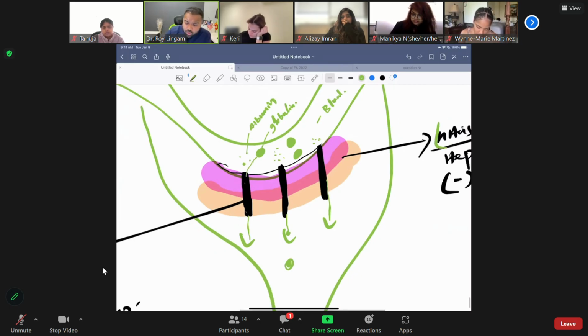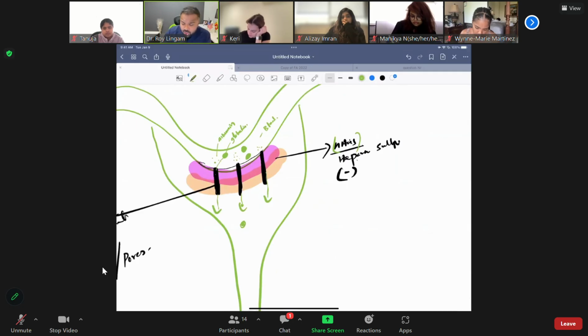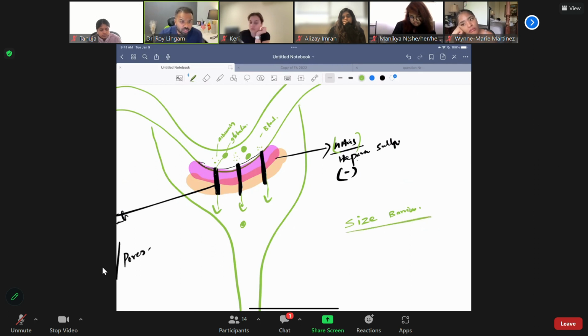So the globulins don't come in the urine because of the size. So we call that size barrier. We should never see globulins in anybody's urine because they are big, so they should not be filtered because it's a size barrier. Is everybody clear, folks? Okay, that makes easy, common sense.